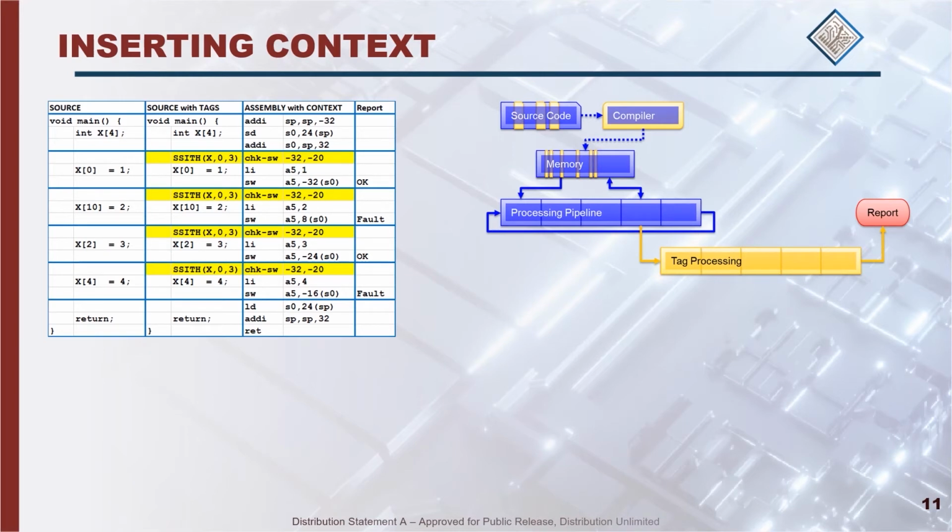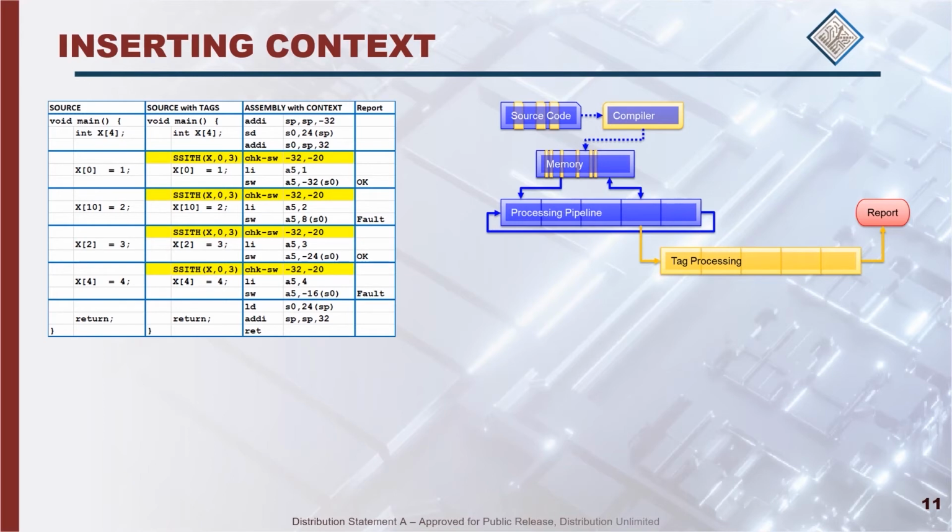We've made some changes to the source code. The compiler has to be smarter now to understand what those tags are and to make sure that they are converted into something that can run through the processor. The memory, the actual application itself has changed, so there are some little bits of additions to the program.